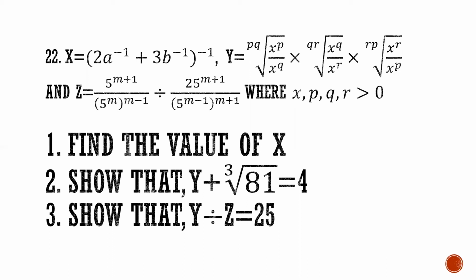In number 1, we have to find the value of x. In number 2, we have to show that y plus cubic root of 81 equals 4. And number 3 is show that y divided by z equals 25.